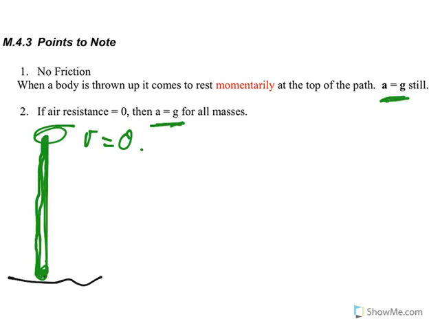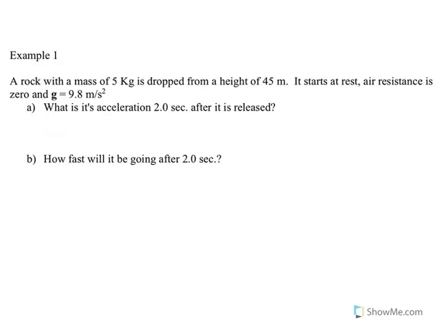All right, so let's do a couple of examples. Okay, so here we've got a rock of mass 5 kilos, dropped from a height of 45, starts at rest, air resistance is 0, g is 9.8.